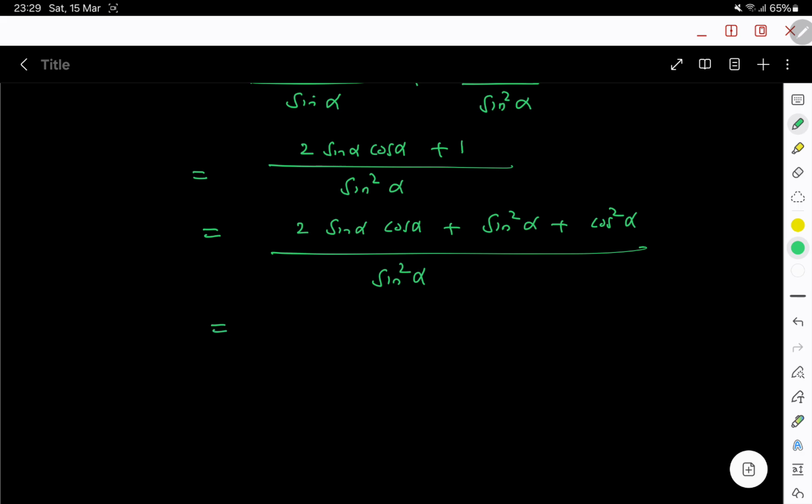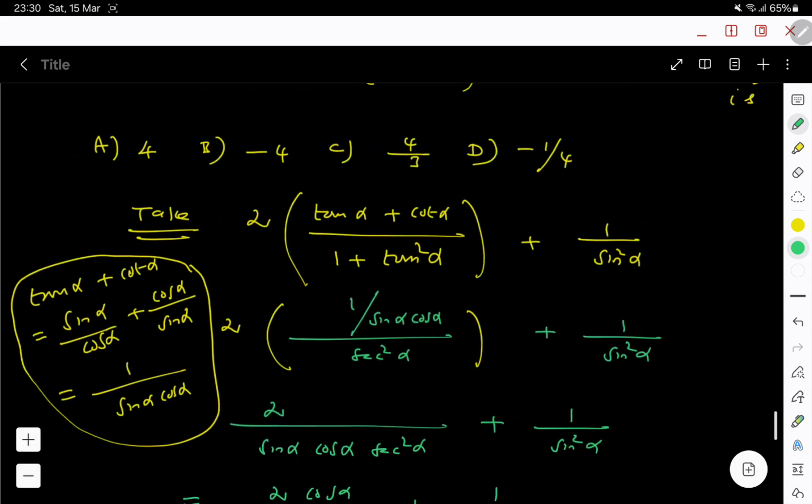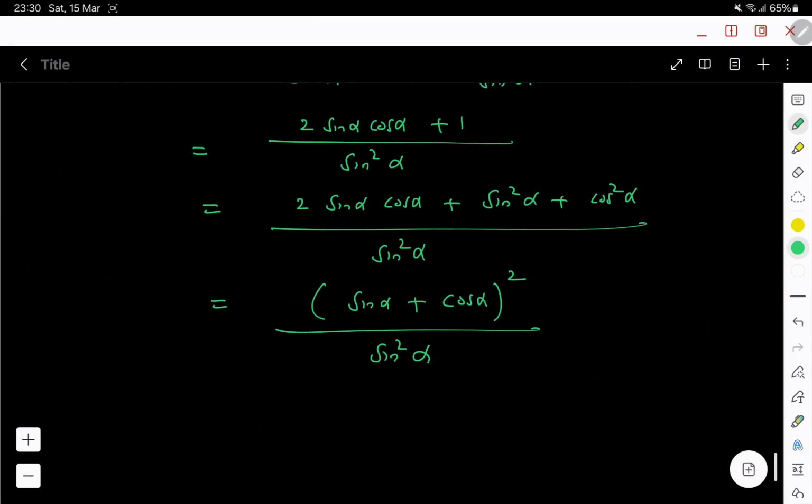We write the numerator as sin alpha plus cos alpha whole square, using the a plus b whole square formula, by sin square alpha. Now this is the value of 2 times (tan alpha plus cot alpha) divided by (1 plus tan square alpha) plus 1 by sin square alpha.